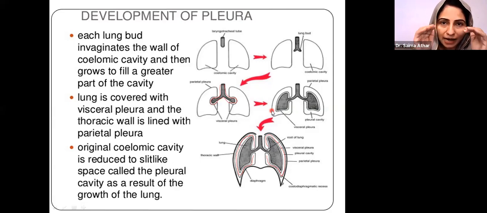The part covering the amniotic cavity forms the body wall. The chest wall from inside will be covered by the intraembryonic somatic mesoderm, and that will form the parietal pleura.